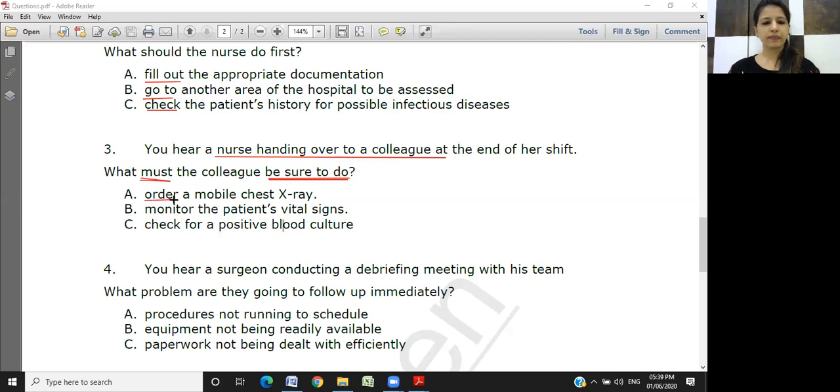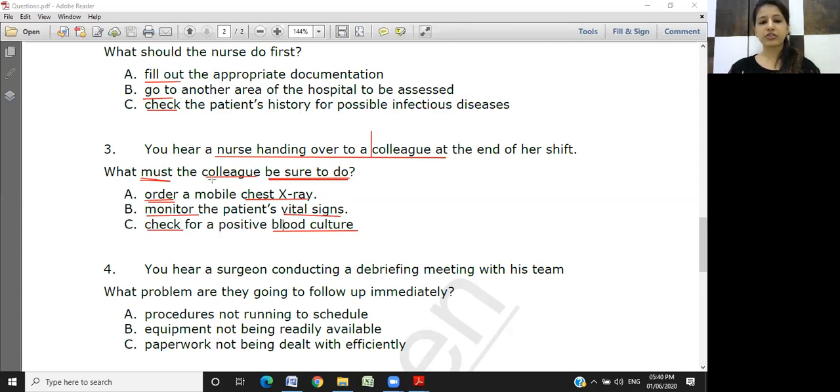Order. Yeah, order an X-ray. Monitor vitals. Yeah, monitor vitals and check for blood culture. And again, it says what must the colleague be sure to do.